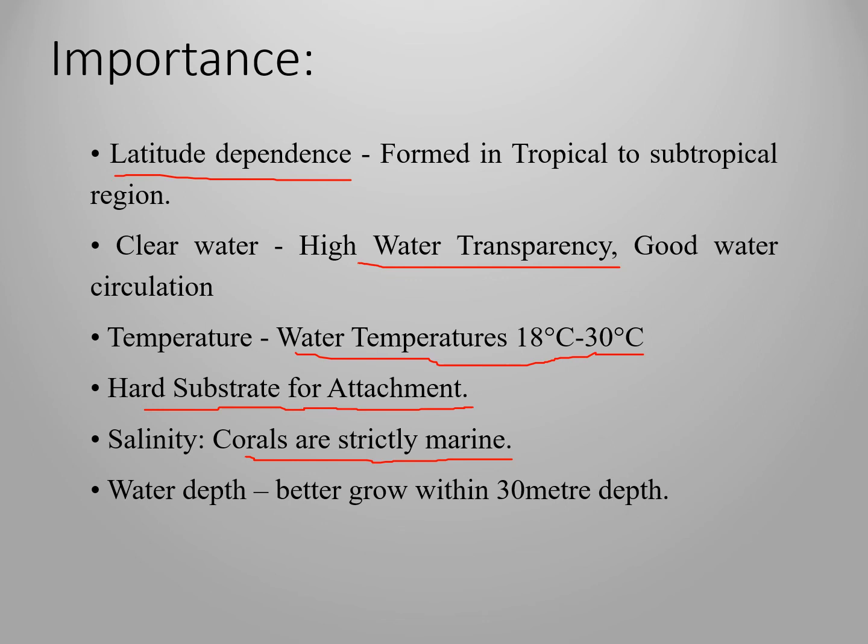Water depth: corals grow better at about 30-meter depth. Although below 30 meters light can penetrate, and we know that the photic zone is up to 200 meters, the best development of corals occurs within the 30-meter depth of the water column.